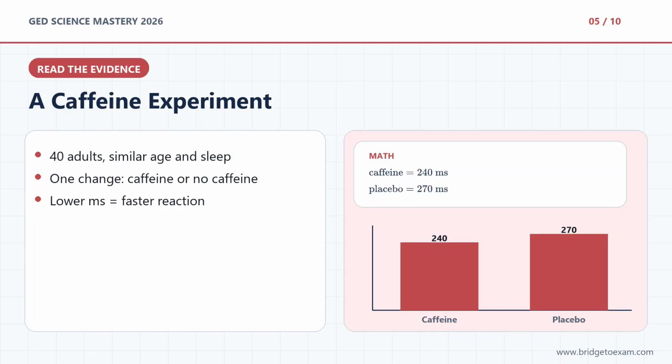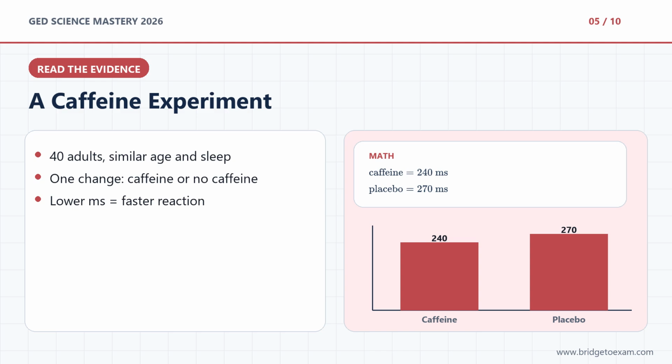Let's read a real GED-style study. Researchers tested whether caffeine changes reaction time. They took 40 adults of similar age and similar sleep. Half were randomly given a drink with caffeine, the other half got the same tasting drink with no caffeine, and no one knew which drink they had. 30 minutes later, everyone took a computer test, where a lower time in milliseconds means a faster reaction.